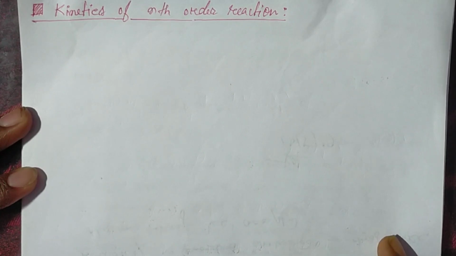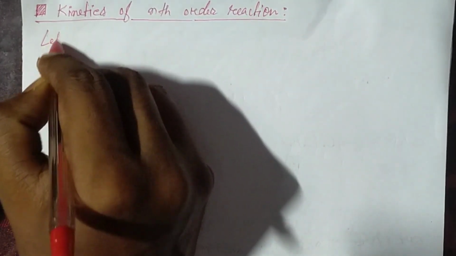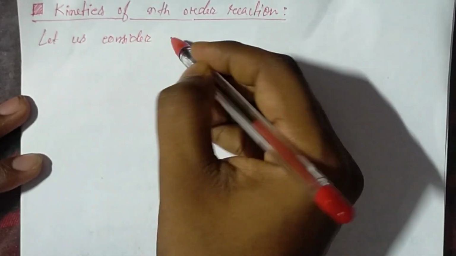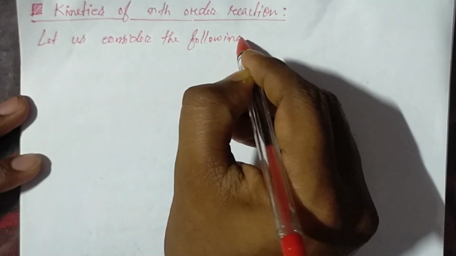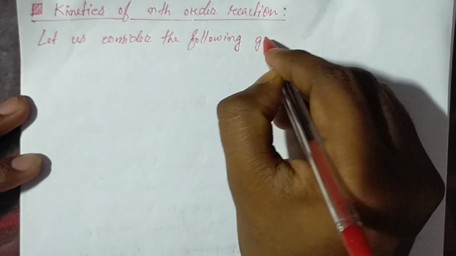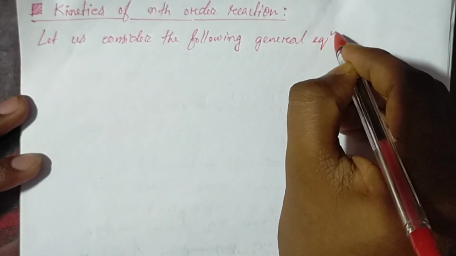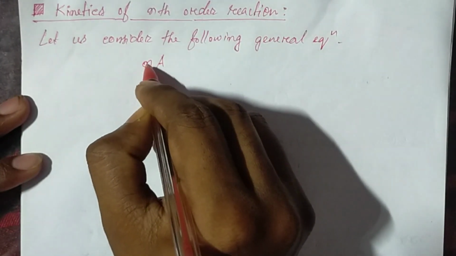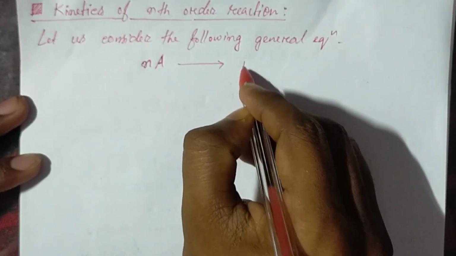Okay, now let's discuss the kinetics of an nth order reaction. So let us consider the following general equation: n A, that means n number of reactant molecules, giving product.